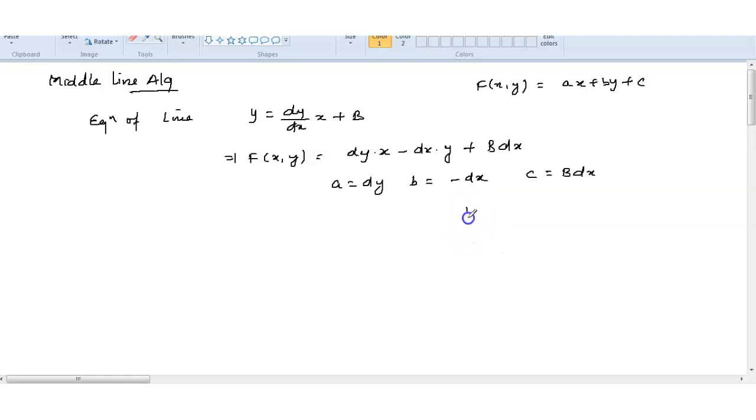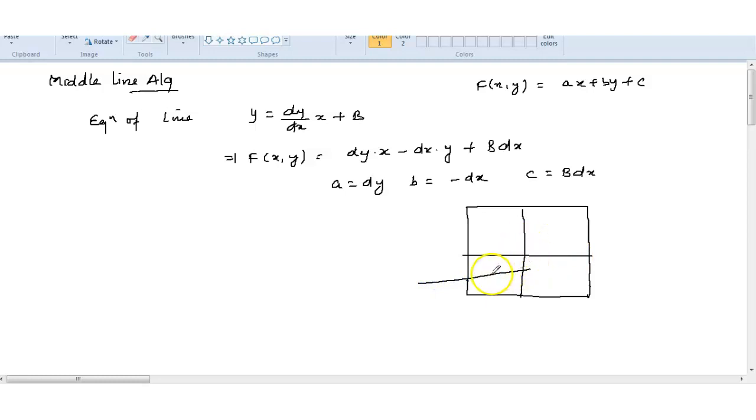Consider a pixel here. If a line is passing here, we have to choose either this coordinate or this coordinate. This coordinate is called the northeast corner and this one is east.